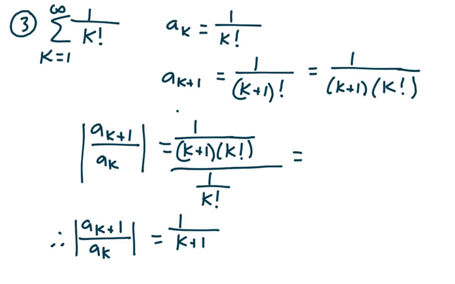Example 3. Suppose I have the summation from k equals 1 to infinity of 1 over k factorial. Now, let's remind ourselves real quick. If I give you 5 factorial, that exclamation mark is read as factorial.